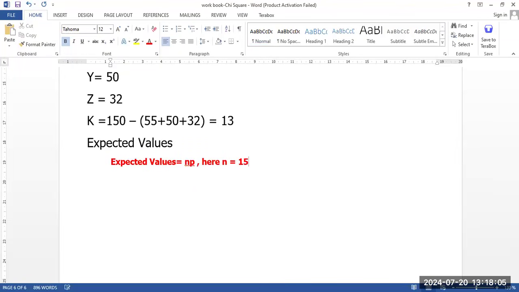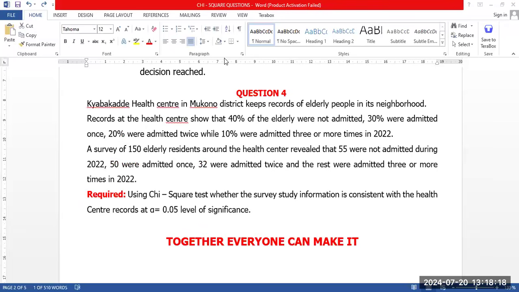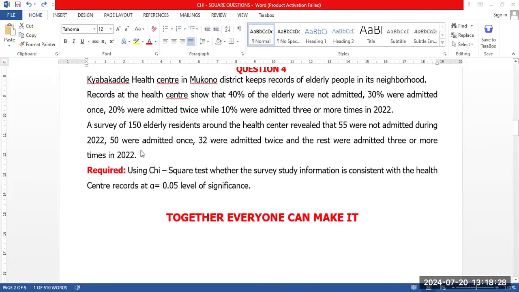For our question, N is equal to 150, isn't it? Because a survey, they told us that a survey was 150, so that is our N.